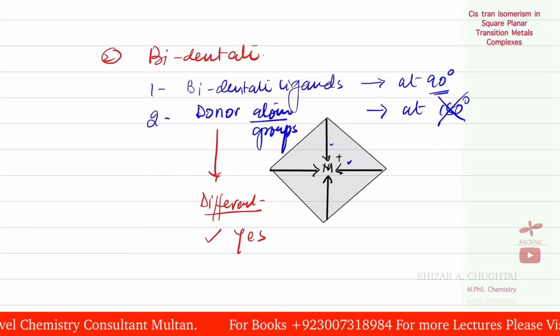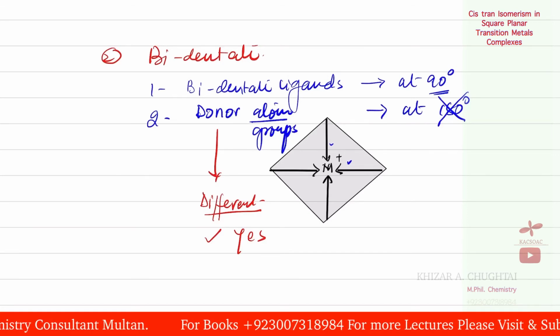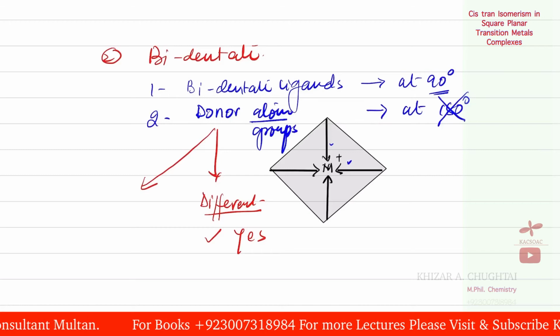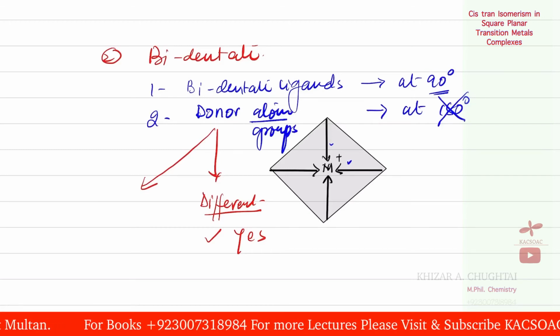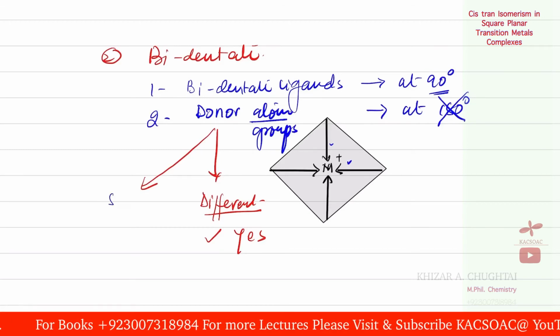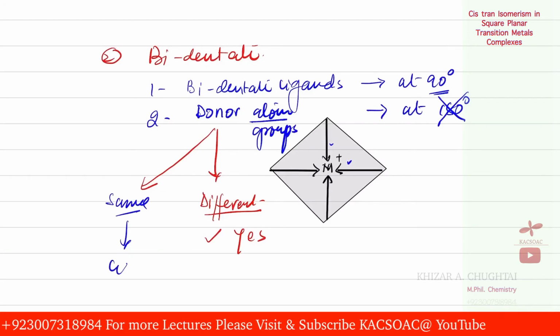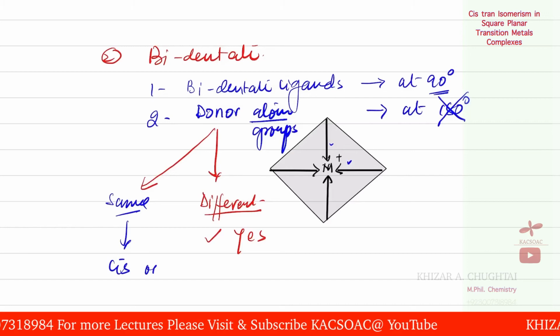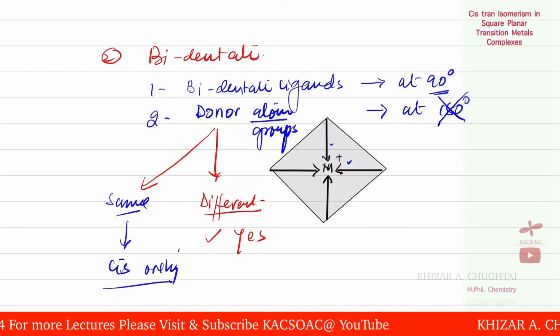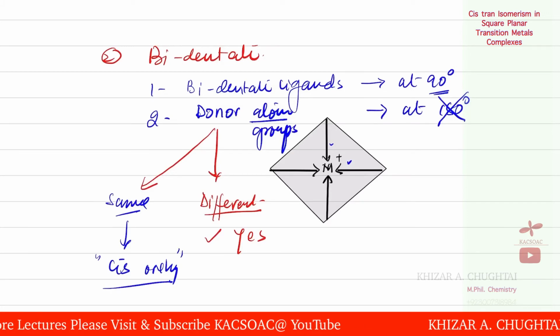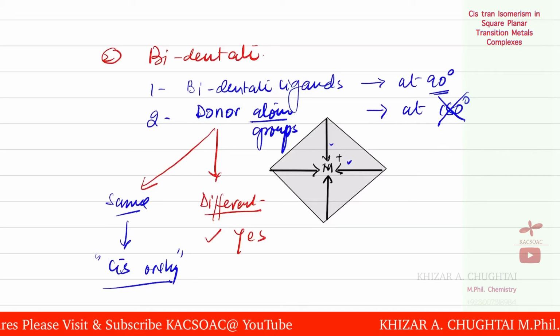If the donor atoms, the donor groups, are the same, then there is the possibility of the cis molecule only. Cis only.